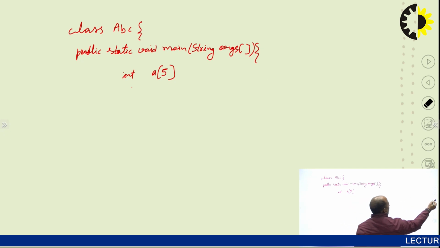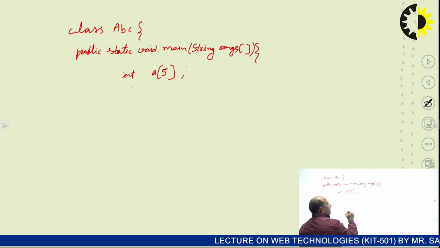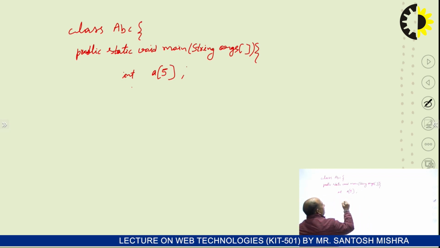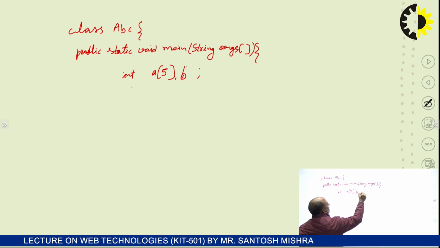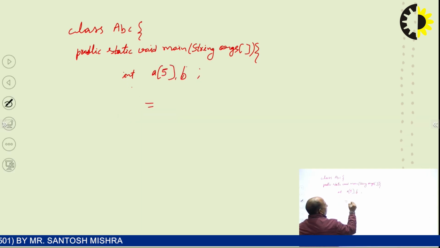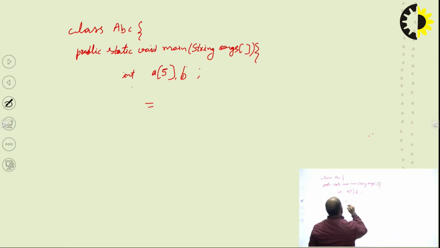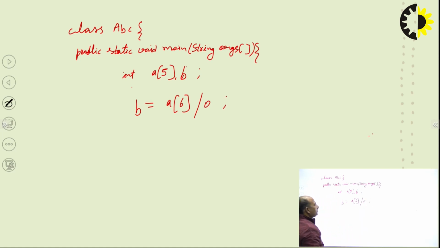I have just declared the array, not initialized anything, and here there is another variable B, and I am writing B equals A of 6 divided by 0.